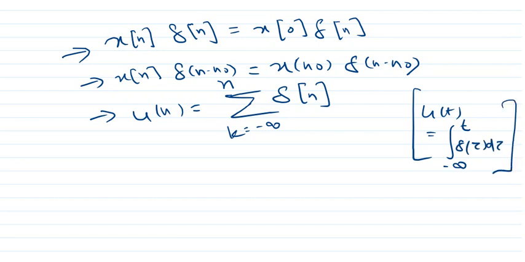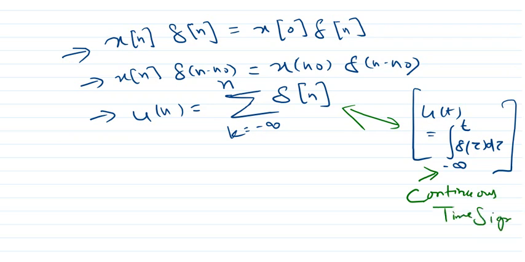In discrete time, you have just replaced the integral with the summation, integrating from minus infinity to n only. These are the same properties, one for continuous time signals and the other for discrete time signals.